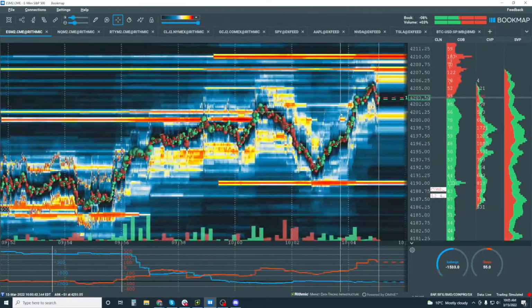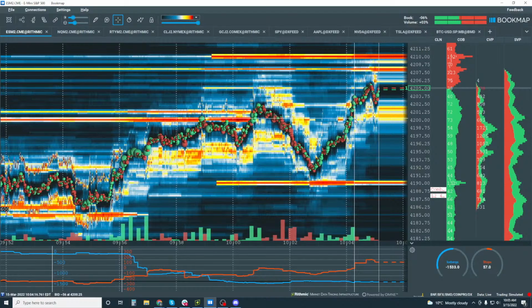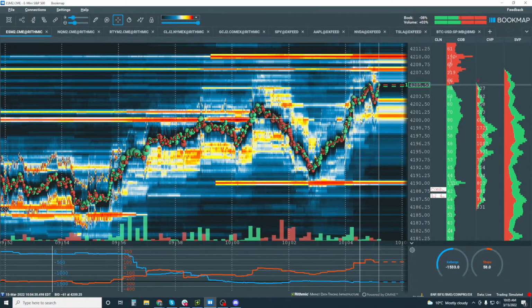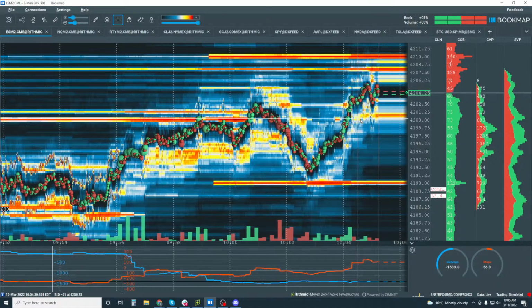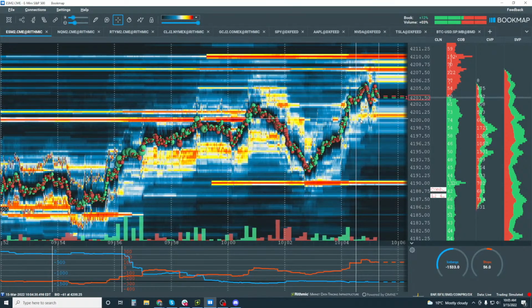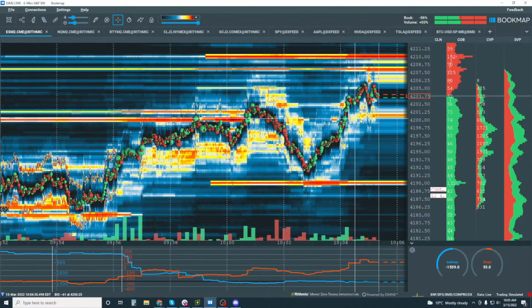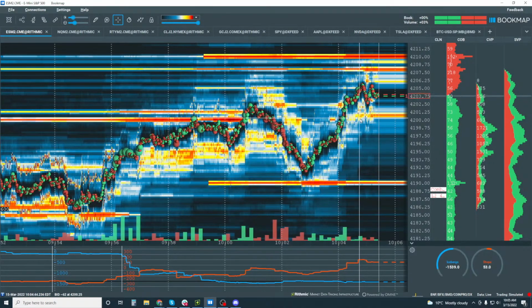All right. If we get a pullback, it's going to be to this liquidity here and maybe a bounce off of 4,200 here. So yeah, we talk about higher probability outlooks. This is better. This is one of those. It's not the greatest, but it is better.